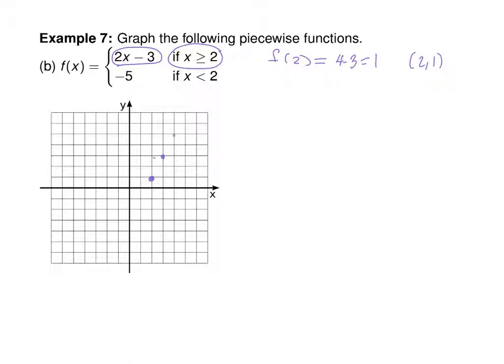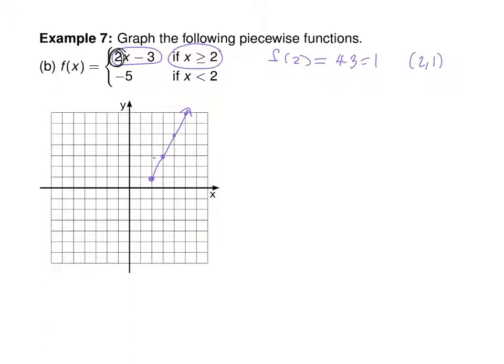Up 2, over 1. So wait, how do you know the slope? Okay. It's the number in front of the x. It's just that you don't start at the y-intercept, you start at the point x equals 2.